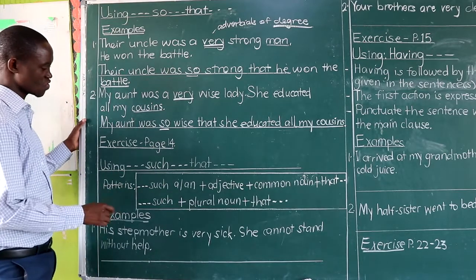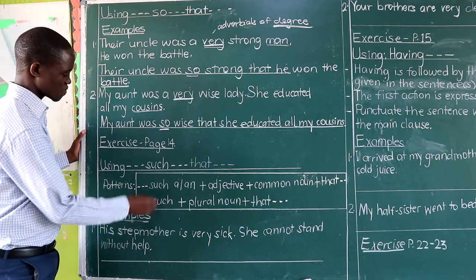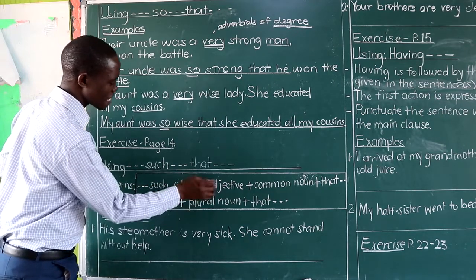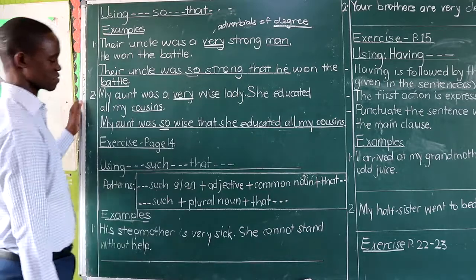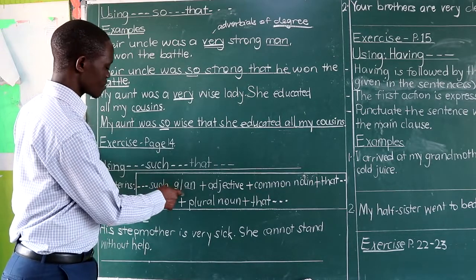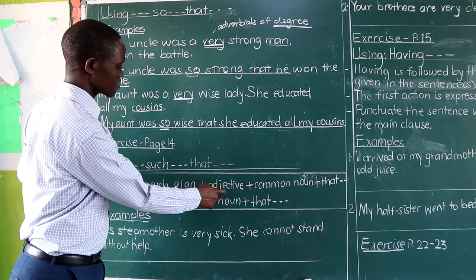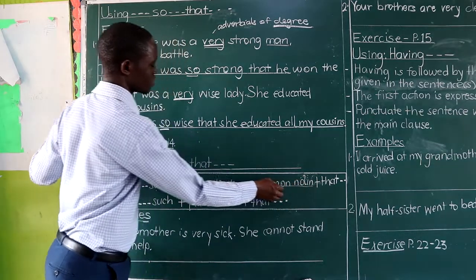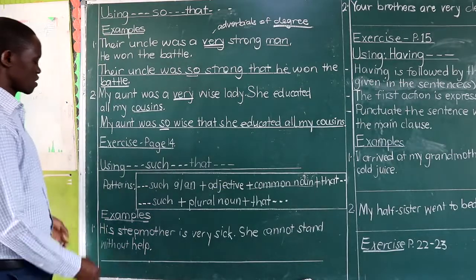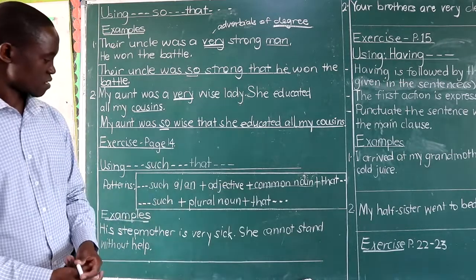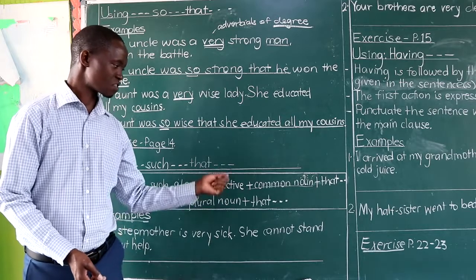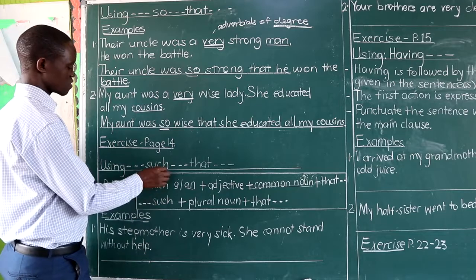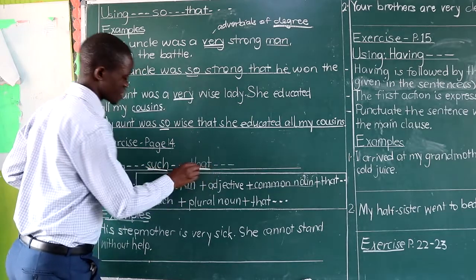When the noun is singular, we follow this pattern: such plus either a or an, depending on the adjective that comes after, plus an adjective, plus a common noun. Never forget this common noun. It's always part of our structure. Then plus that. So what the teachers come to teach about is using such and that.